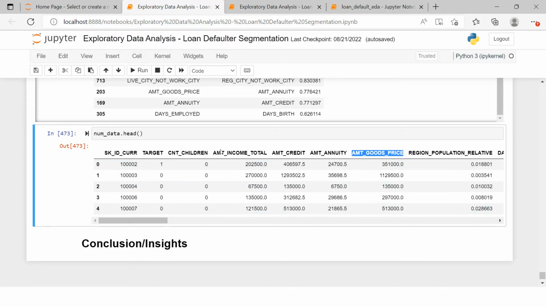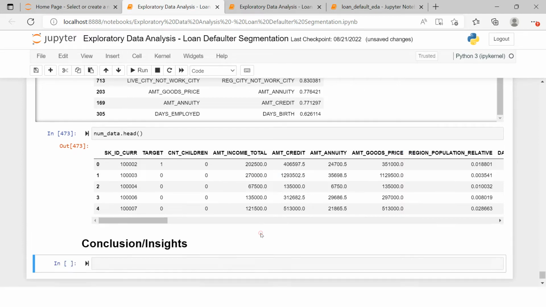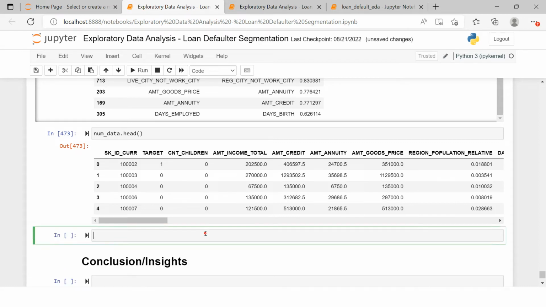So let's focus on these amount variables and try to do the analysis on them. I'll copy all these variables and make a list of them. For example, let's call it amount var equals this. All right, I'll do it quickly.